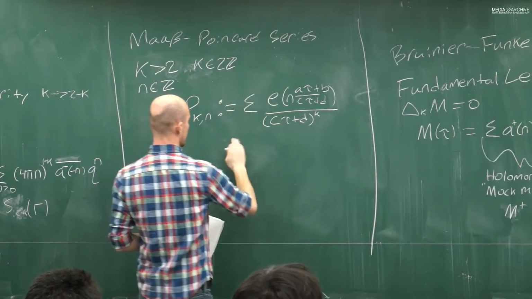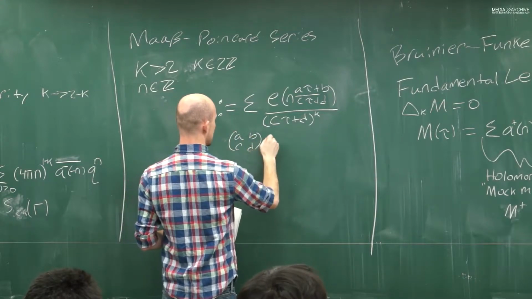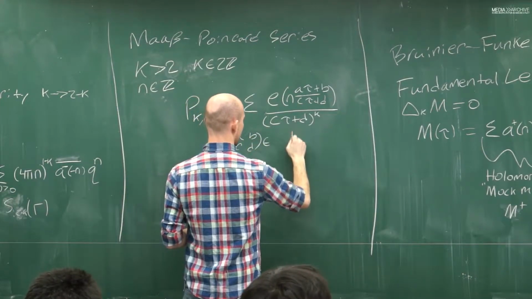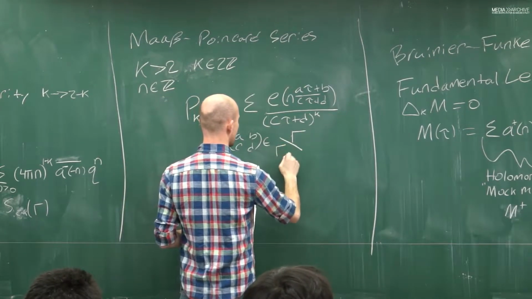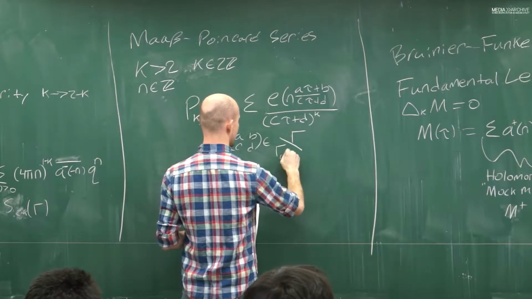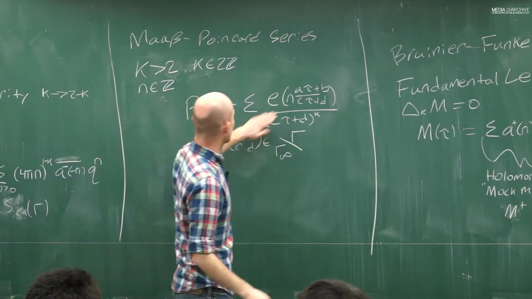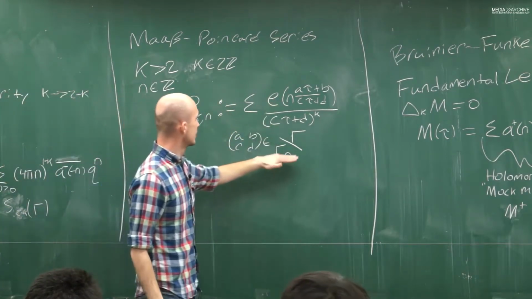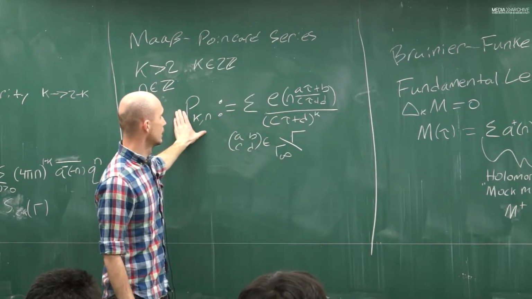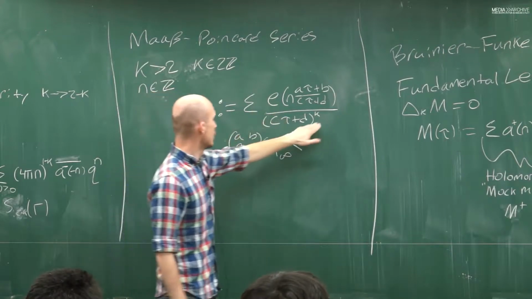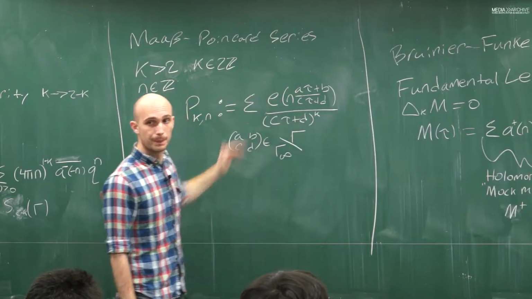Then I'm going to make the sum over all matrices A, B, C, D in my group gamma that I want to work with, but then I can mod out on the left by the set of translations. I'll call those gamma infinity, the stabilizer. This summation is basically forcing this function to be modular. As long as k is large enough, this converges absolutely.